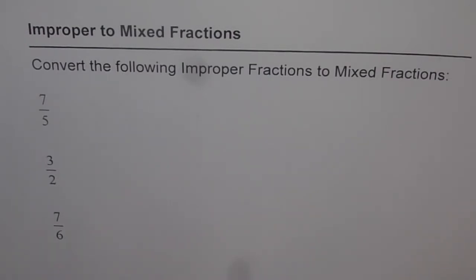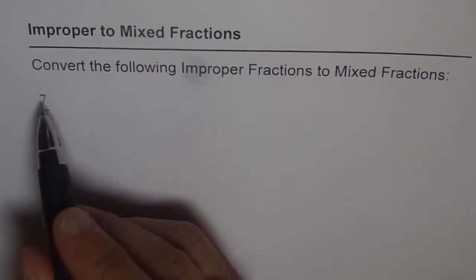We expect fractions to be smaller than 1, isn't it? But here 7 over 6 is also greater than 1. Now how much greater? That is what we will see by converting them into mixed fractions. Okay? So how much greater they are than 1 is what a mixed fraction will tell you.